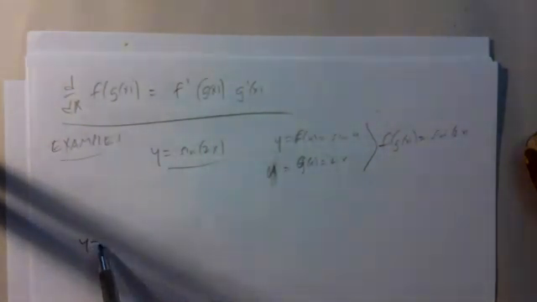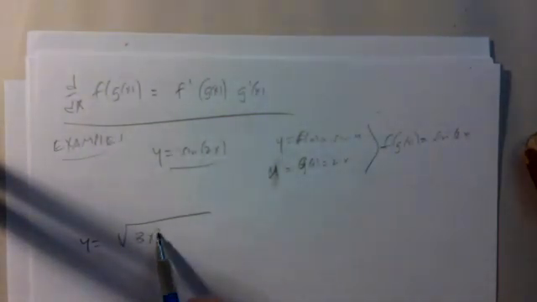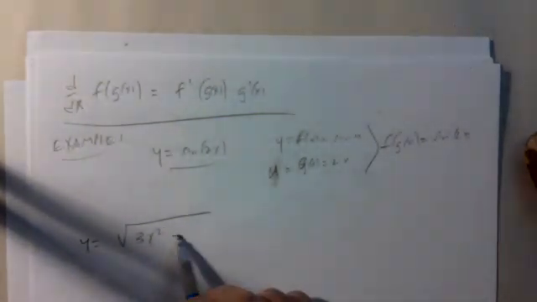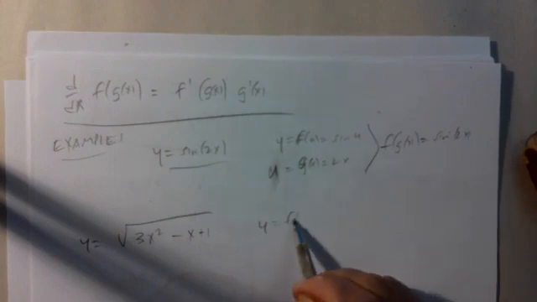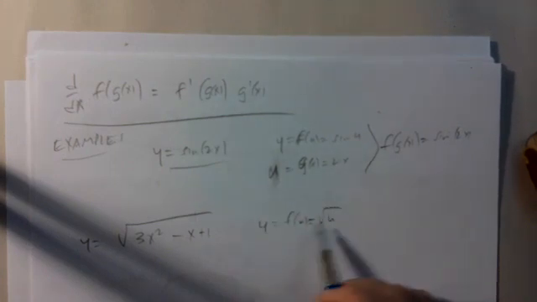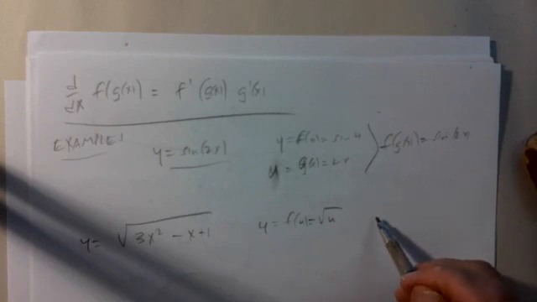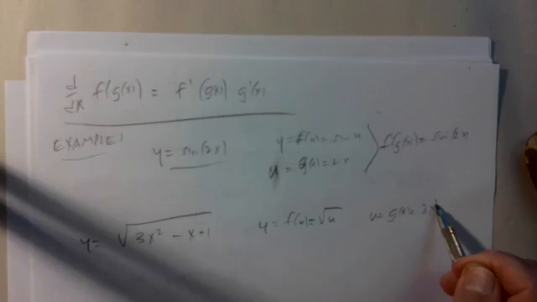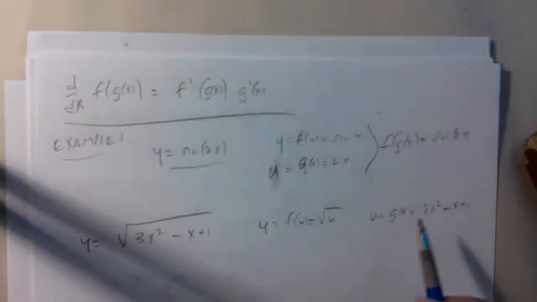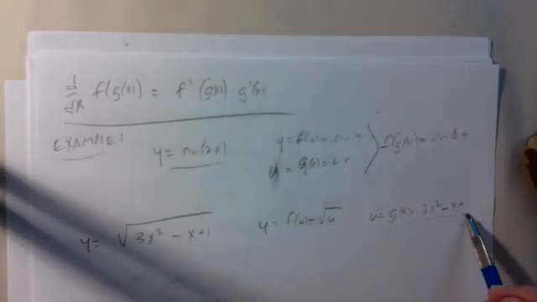Suppose we have y equals the square root of 3x squared minus x plus 1. You can think of y as some function f of u, which is just the square root of u, and u is some function of x, which is 3x squared minus x plus 1. So this is easy to differentiate.